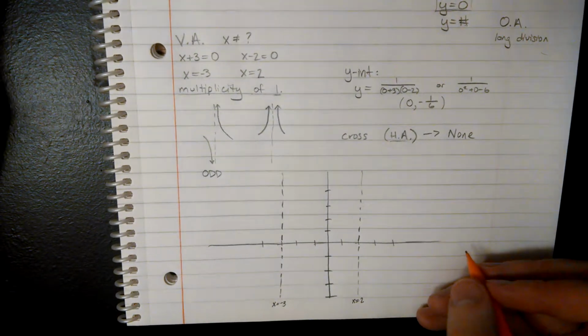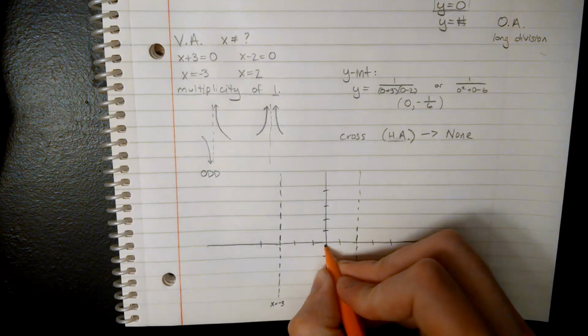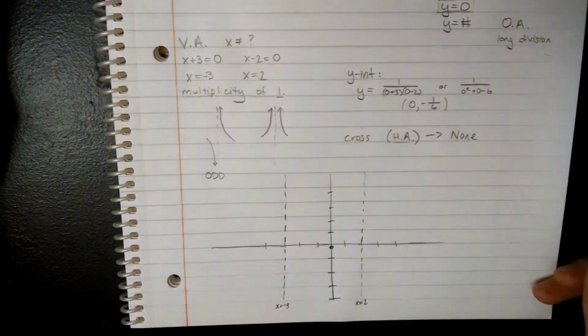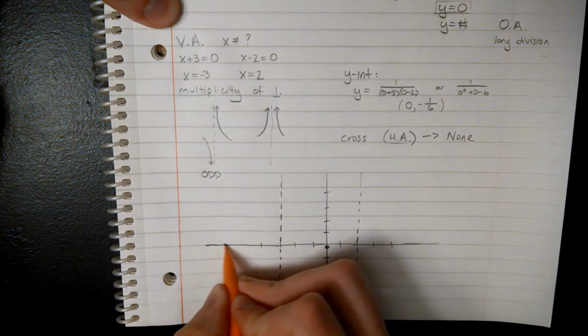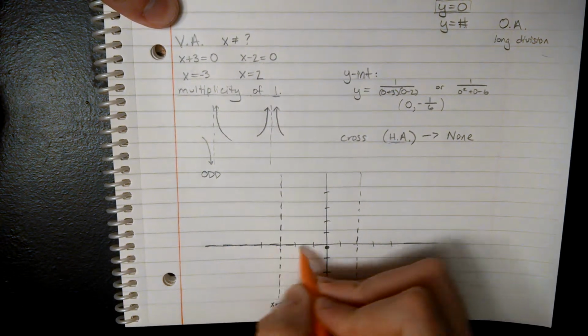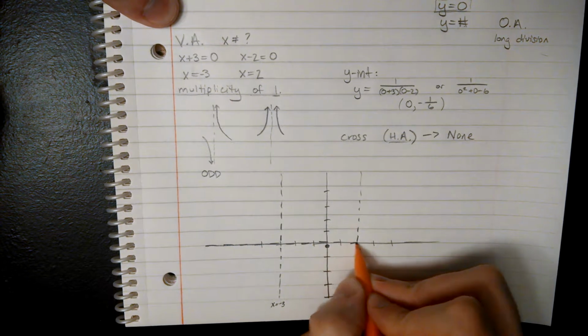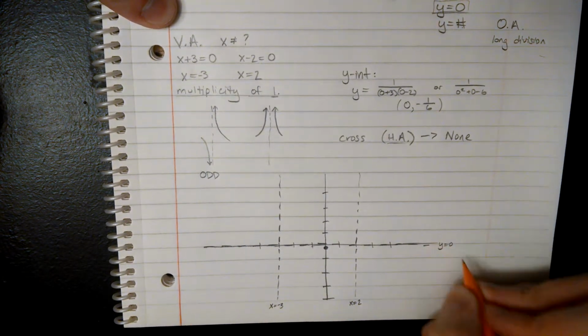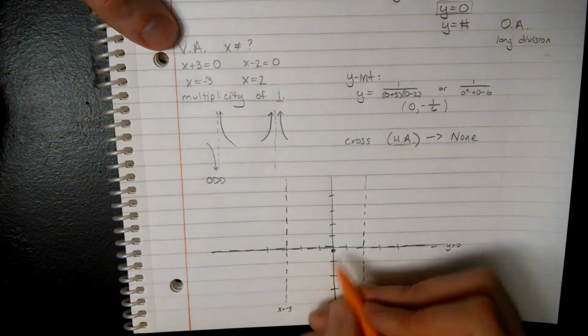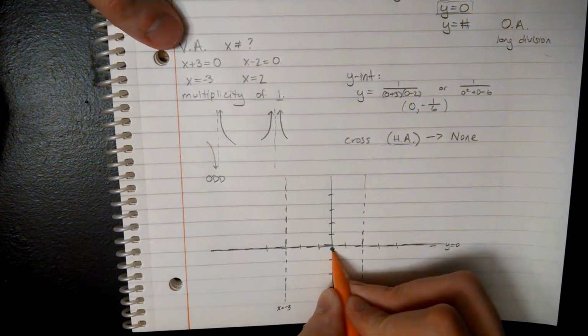I have a y-intercept at (0, -1/6). That's right in here. And I have a horizontal asymptote on the x-axis. I'll draw in a dotted line over my x-axis and label it as well: y equals 0.